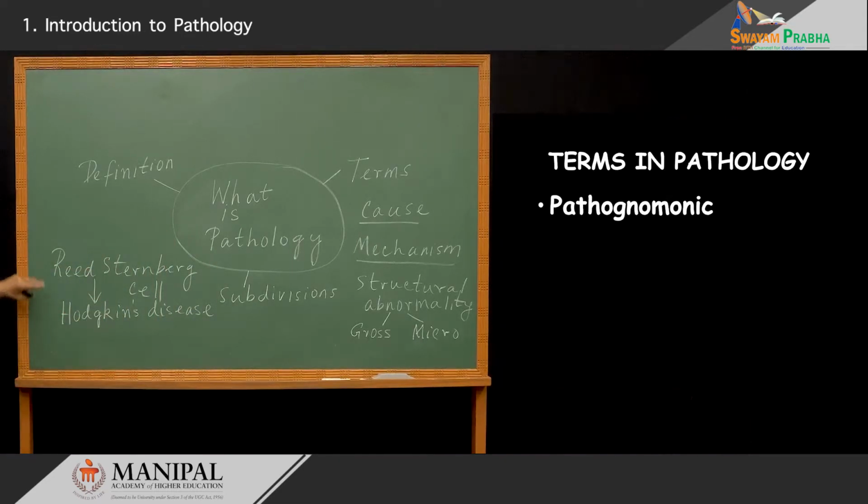That means what? If under the microscope you are able to see this Reed-Sternberg cell, you are absolutely sure that the disease is Hodgkin's disease.